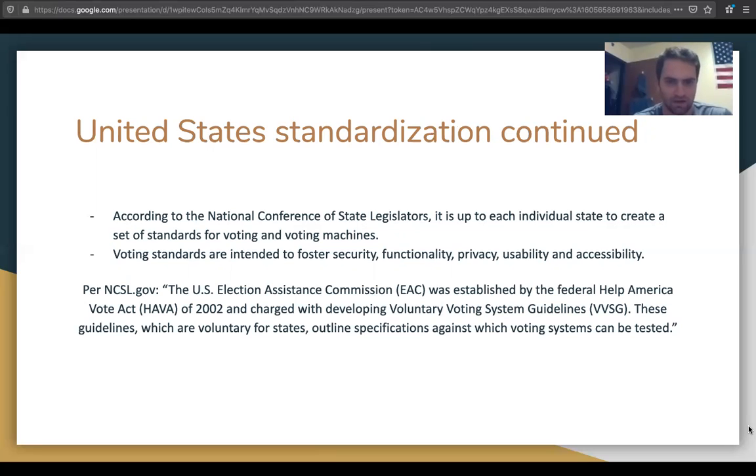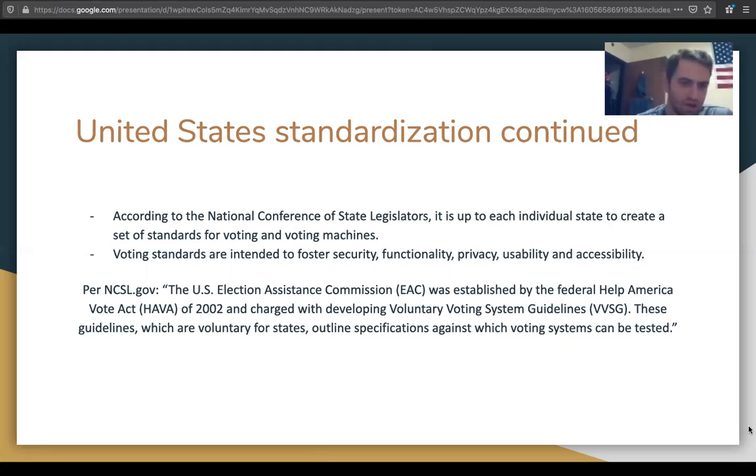Voting standards are intended to foster security, functionality, privacy, usability, and accessibility. This is all pretty much self-explanatory to make sure our votes are protected, they're private, they're able to be counted, and they're able to be used by everybody regardless of where you are in the country.